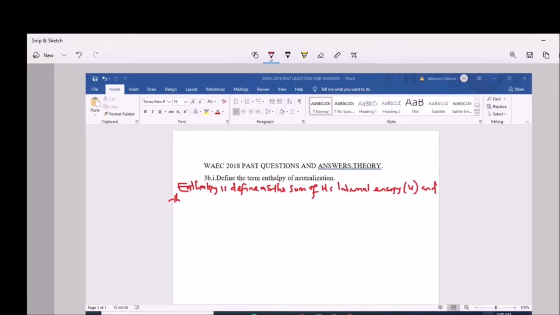Now, this definition is given in mathematical expression as H equals U plus PV.